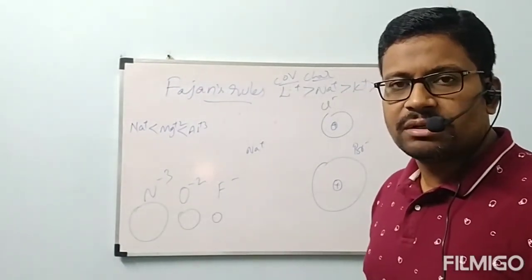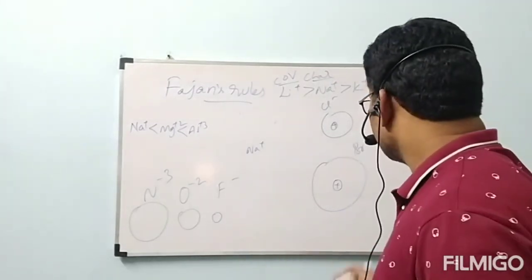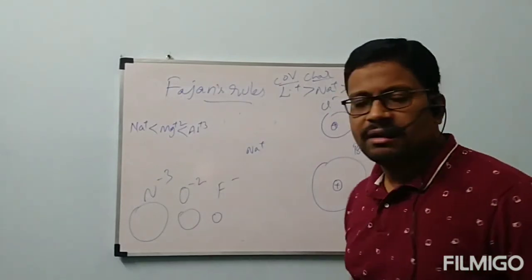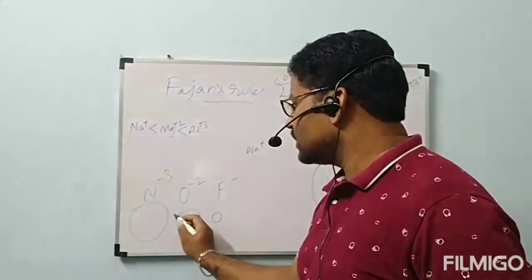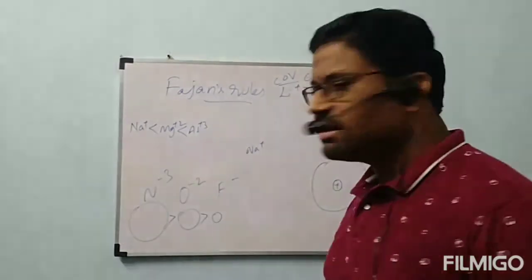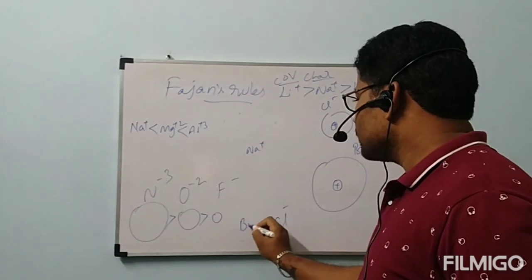When size is more, it can be polarized easily. When it is polarized easily, it has high covalent character. So N3- covalent character is greater than O2-. O2- covalent character is greater than F-. Cl- covalent character is less than Br-.